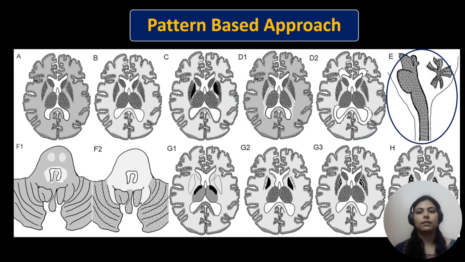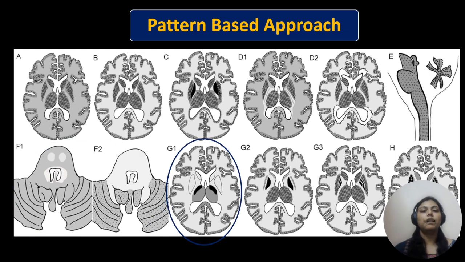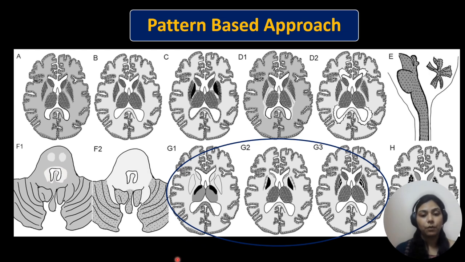For example, there may be hypomyelination with cerebellar atrophy. There may be hypomyelination with brainstem involvement. There may be hypomyelination with T2 hypointense signal of the thalami. There may be hypomyelination with basal ganglia involvement, where the basal ganglia may be hyperintense, or they may show atrophy, or may show hypointense signal with hyperintensities as well.